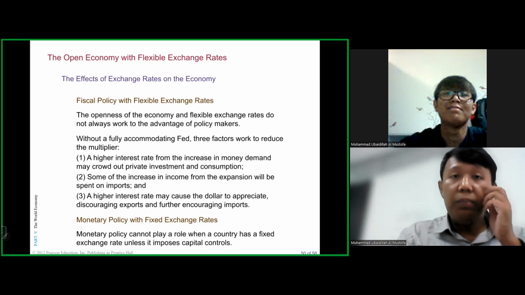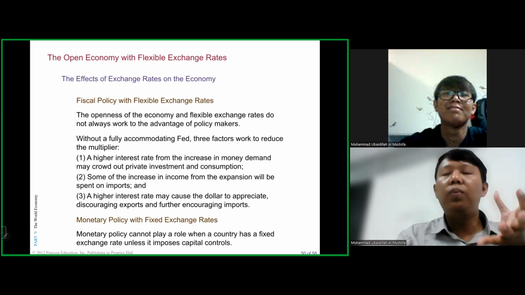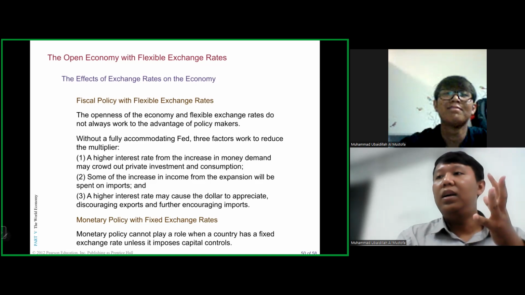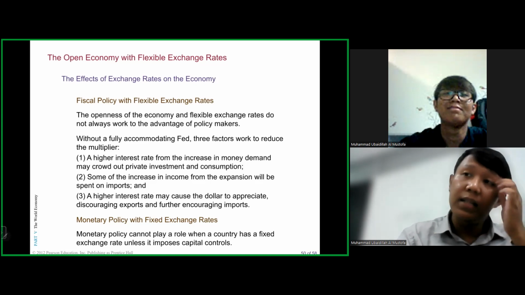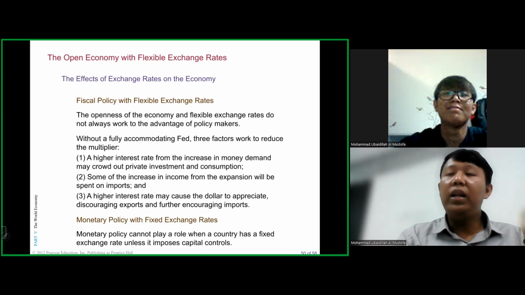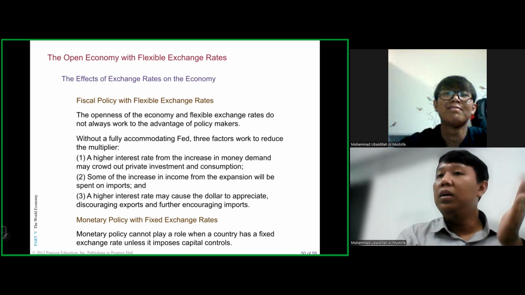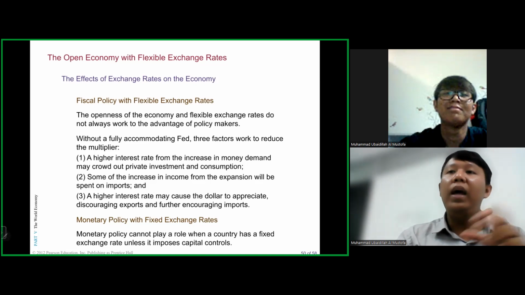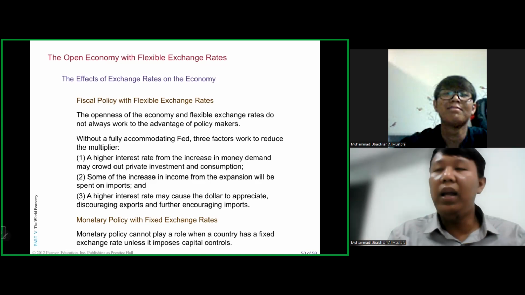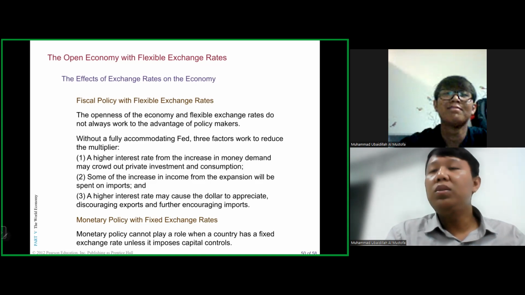So the monetary policy cannot play a role when a country has a fixed exchange rate unless it imposes capital control. So these factors and aspects that we have just discussed apply only in open economy. Once you apply it in closed economy, then we're going to have different aspects and different things to consider.